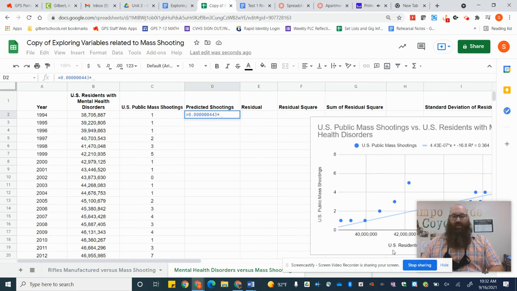Remember our X was the number of US residents with mental health disorders. So what we'll do is click on this first box, the one in the same row, and the spreadsheet is going to plug that specific number into this formula for us. Notice that only gives us the first half of our regression. Now we also need to add the plus negative 16.8, so I'm just going to write minus 16.8.